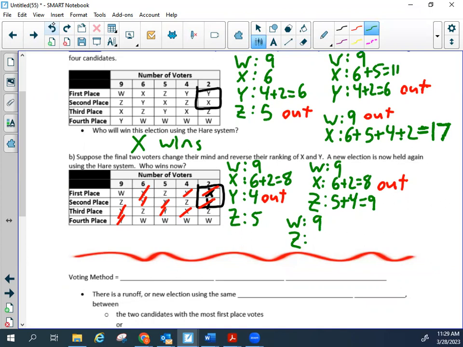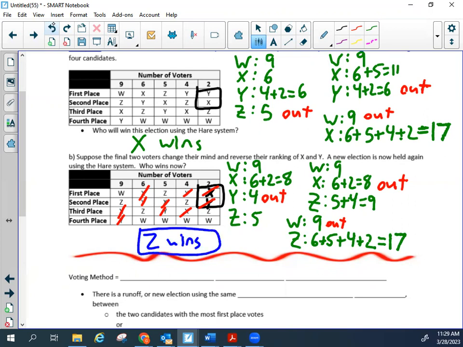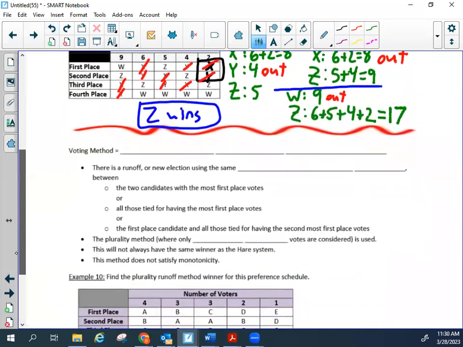Z has 6 plus 5 plus 4 plus 2, which is 17, which means W is out, which means Z wins. So my apologies, the notes are hard to read. So that's our 5th voting method.